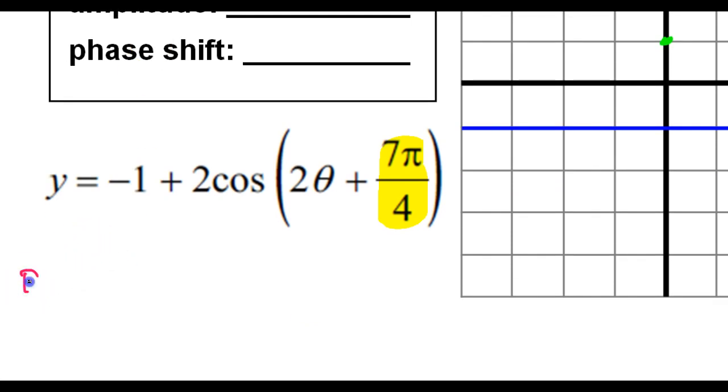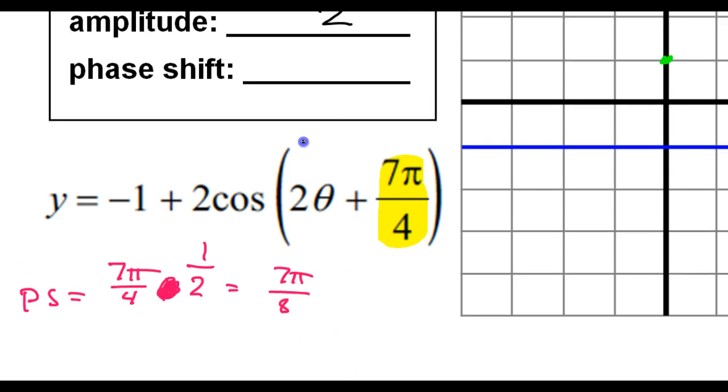So the phase shift is going to be 7 pi over 4 divided by 2. That's going to be 7 pi over 8. Alright, the 2 just winds up multiplying down here, so 7 pi over 8. You can think of it as multiplying by the reciprocal if it makes you feel better. It's a big multiplication sign, by the way. So 7 pi over 8. So that's my phase shift.